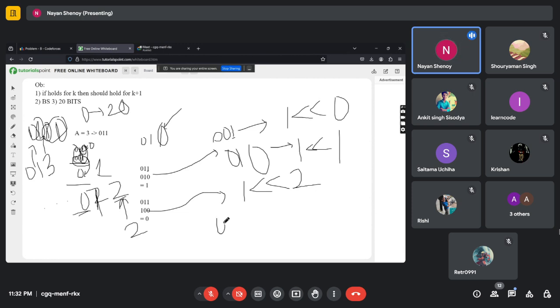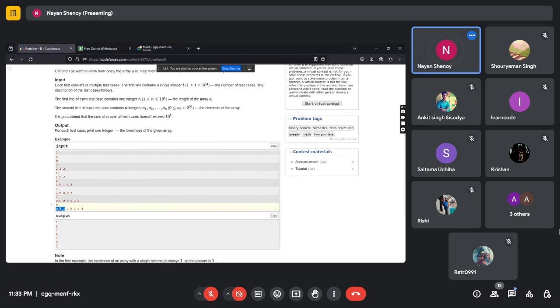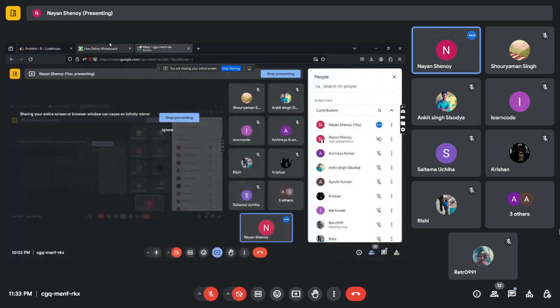So now we know that OR can either have 0 or 1. So what I'm doing here is, for every count that is greater than or equal to 1, I'm changing it to 1. So my binary representation will look something like this: 0, 1, 1. And 0, 1, 1 is basically 3, correct? And here, if you have seen, 0, 1, 3 will give us an OR of 3.